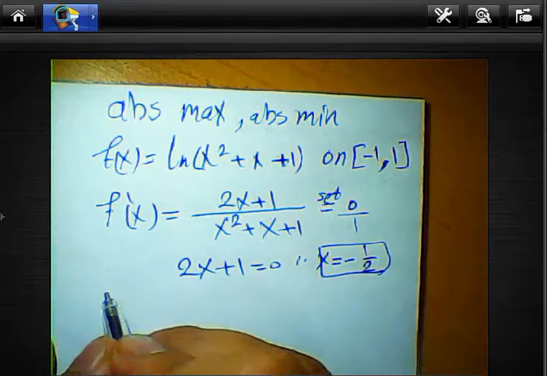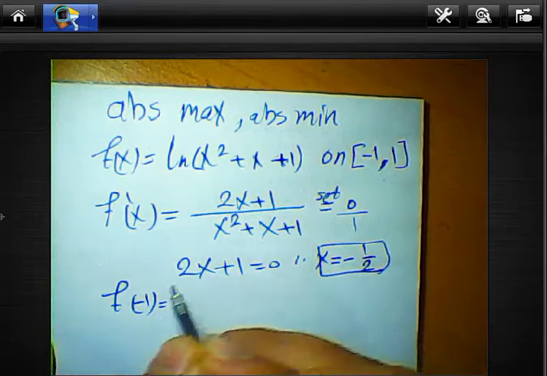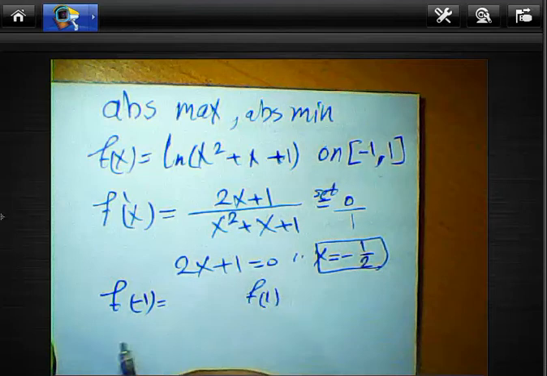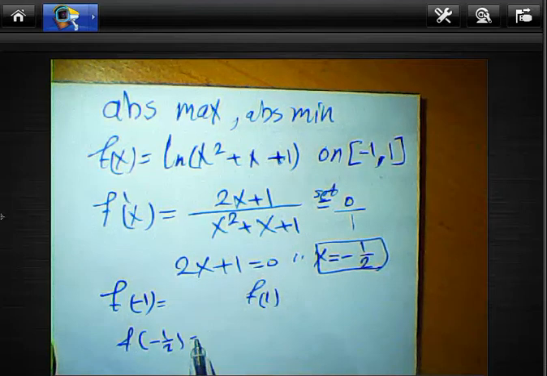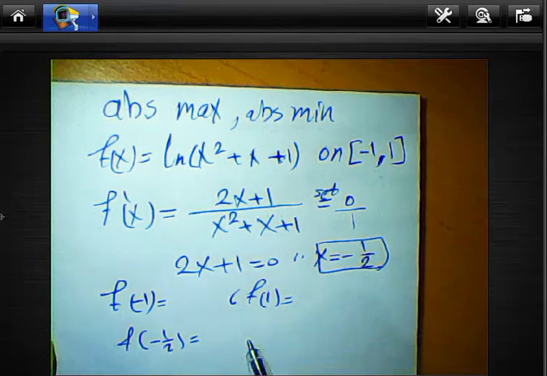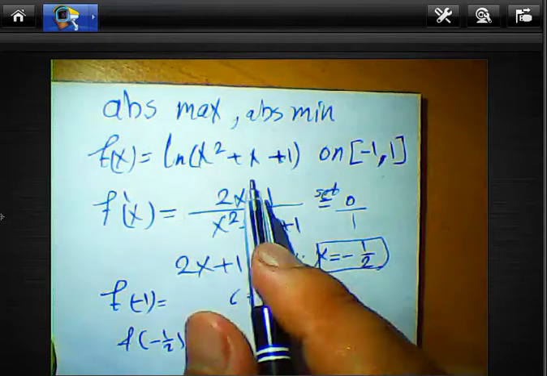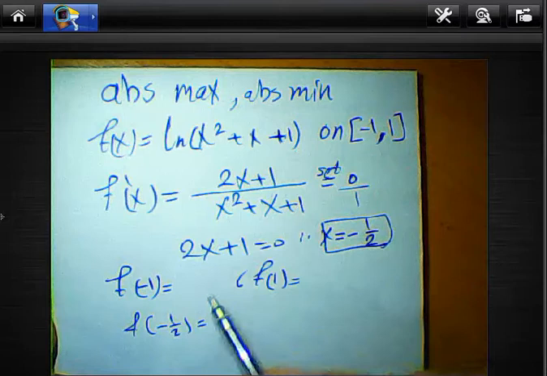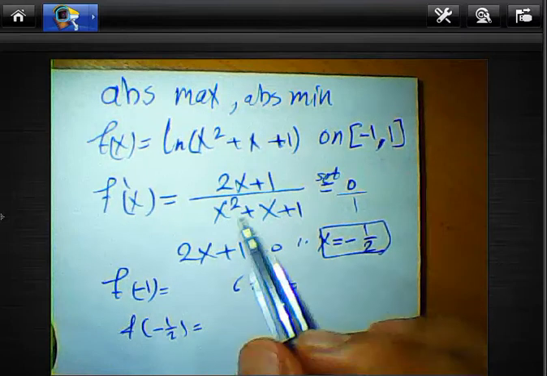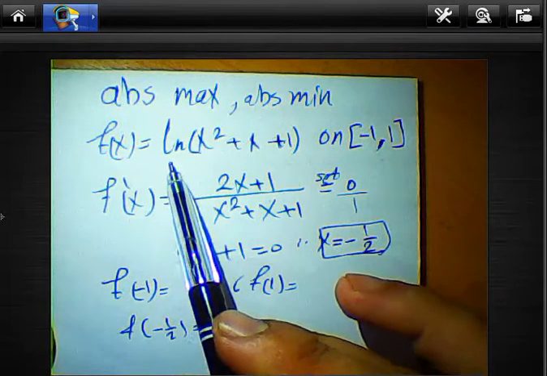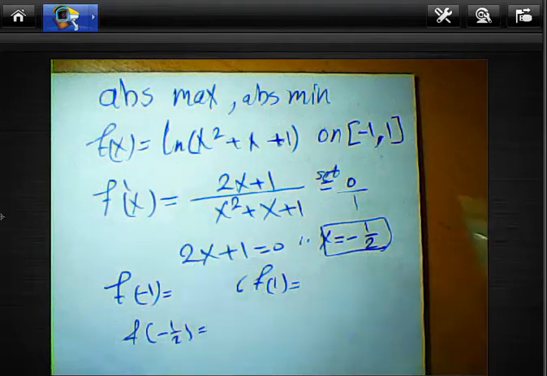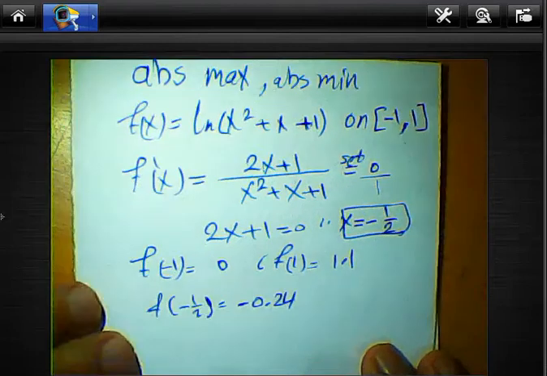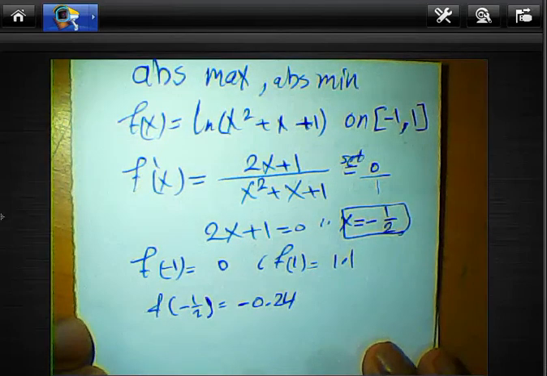So we can find f of -1 and f of 1 and f of -1/2 to find the value of the absolute max and the value of the absolute minimum. You can use a calculator to find the result, where the logarithm is in base e. Okay, we can use a calculator to find the results.